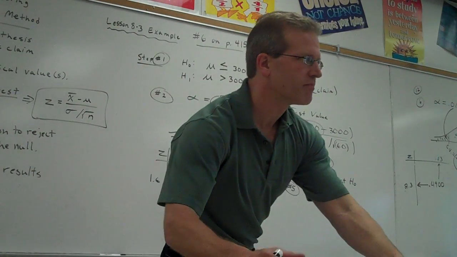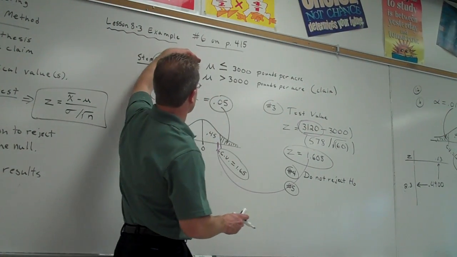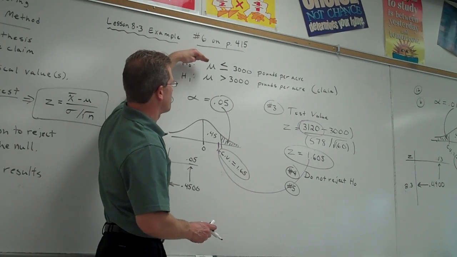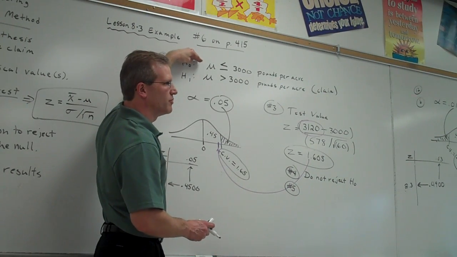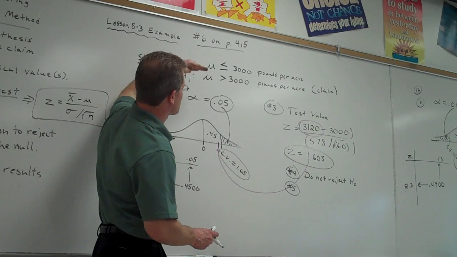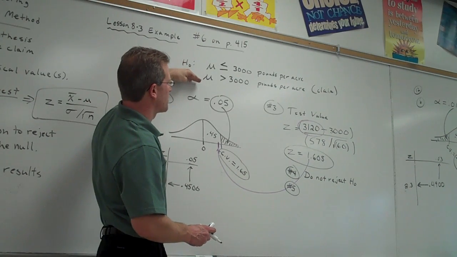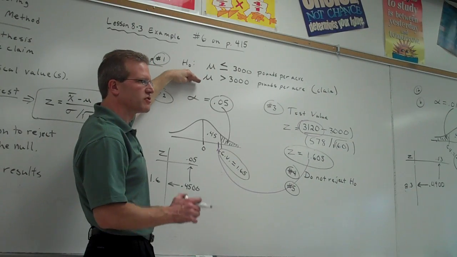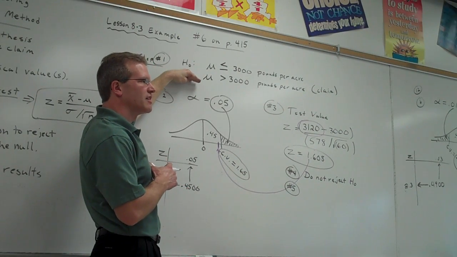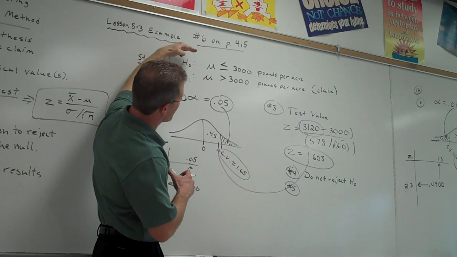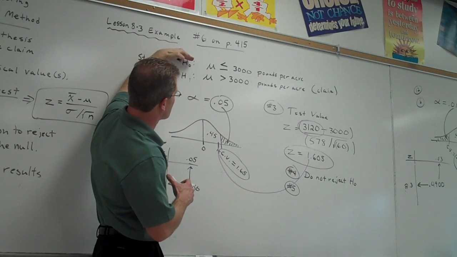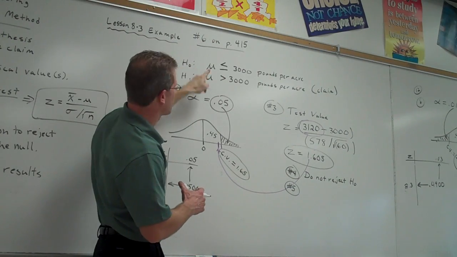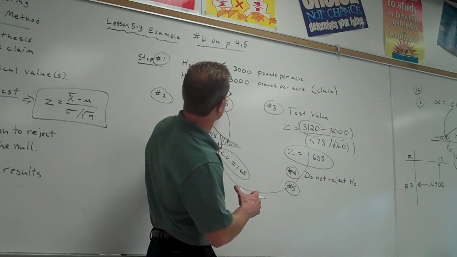So in this case, if we're not rejecting the null, that means we basically are thinking that it's probably true, which means we should reject the second line, we should reject the claim. But we're not going to use the word reject, okay? We're supposed to use the word support. So if we are not rejecting the null, we think it's true, that means we cannot support the claim down here, that the production has increased.